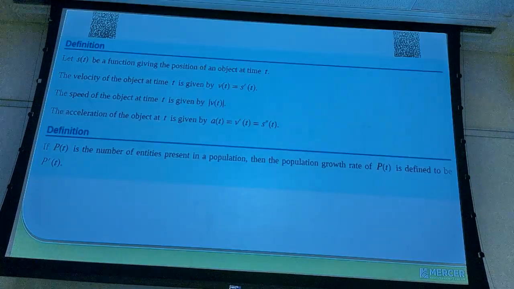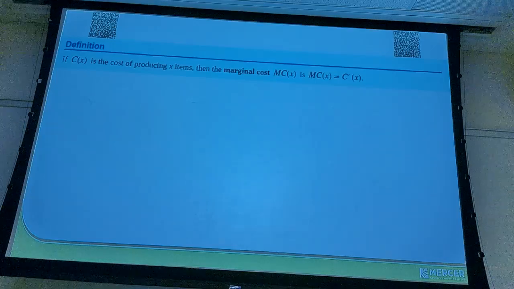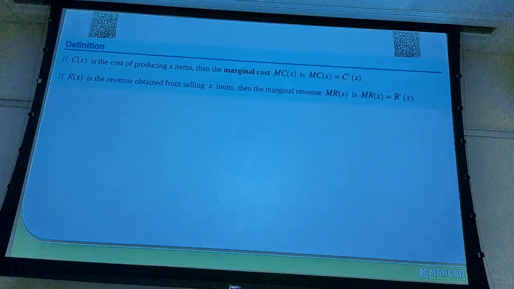And then we move on to economics. You have the cost function C of x. Marginal cost is just the derivative of cost. You have a revenue function and marginal revenue, which is the change in revenue with respect to not time this time.